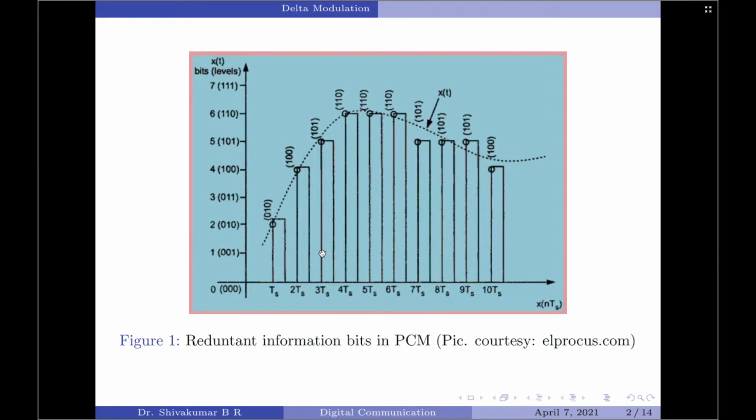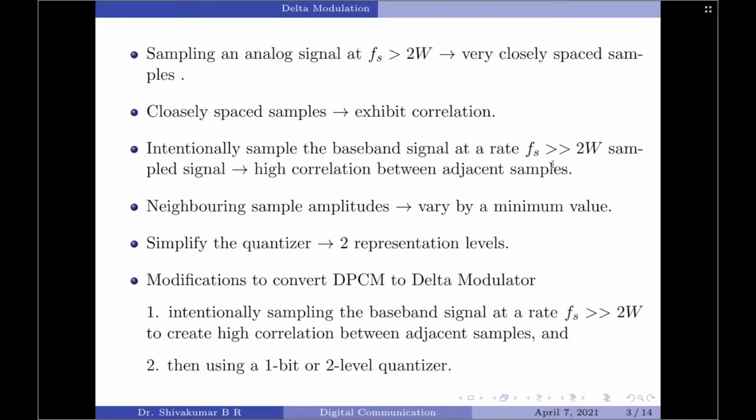Now, we have already established in our previous discussion on DPCM that closely spaced samples will exhibit high correlation. So, if we intentionally sample the input baseband signal at a rate much higher than the Nyquist rate, that is Fs greater than 2W, then the sampled signal created will have a very high correlation between any two adjacent samples.